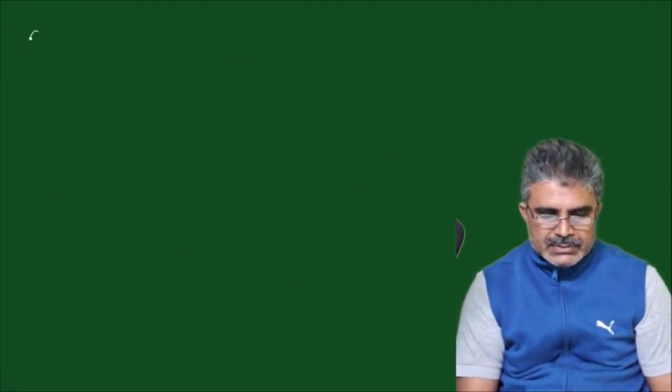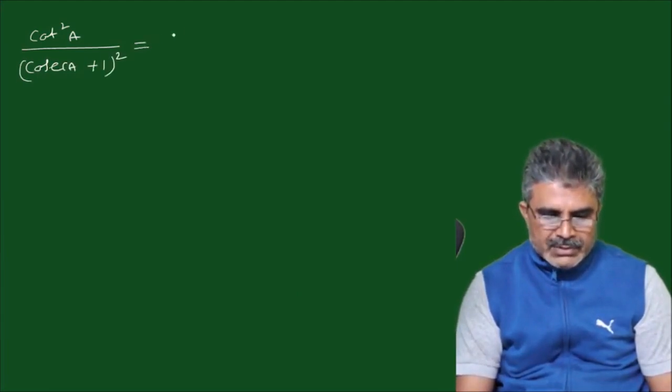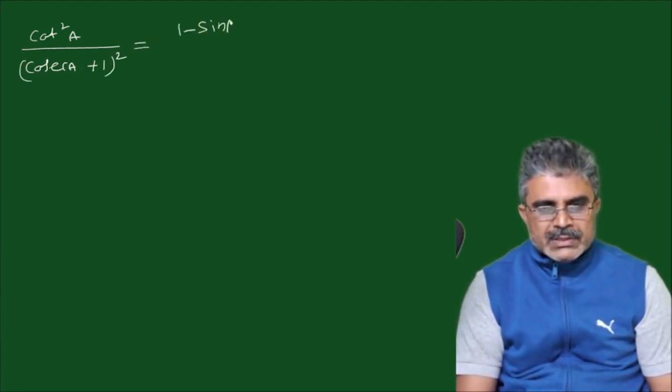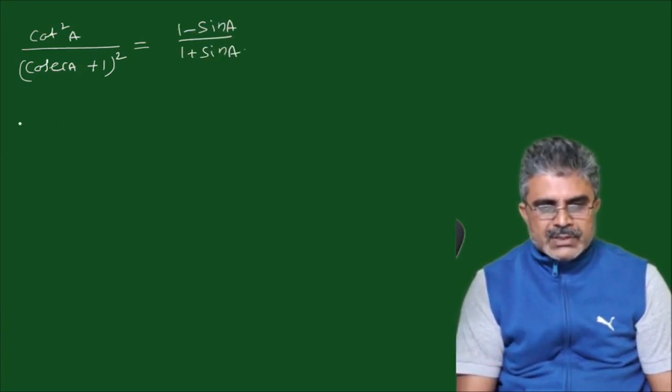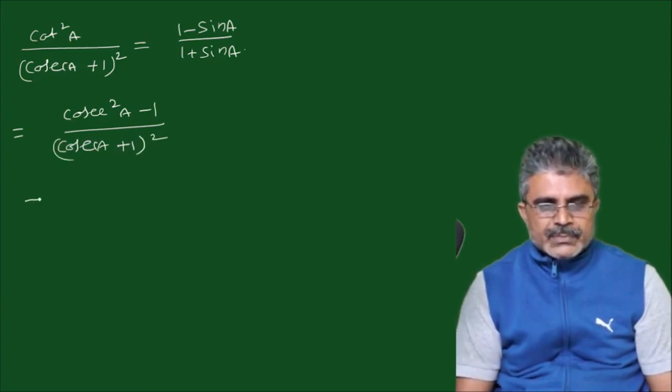Our next question is cot square A divided by cosecant A plus 1 whole square should be equated to 1 minus sin A by 1 plus sin A. So cot square A I can write like cosecant square A minus 1 divided by cosecant A plus 1 whole square.